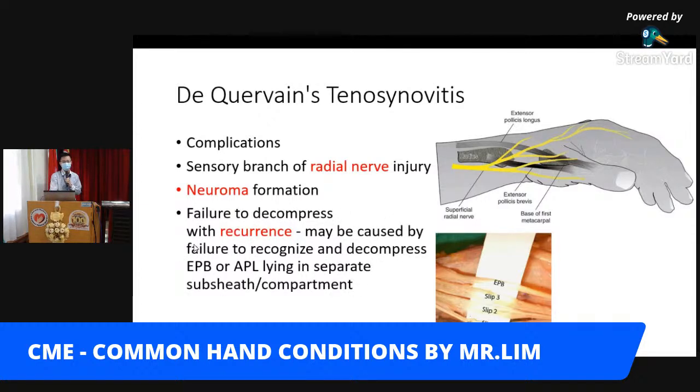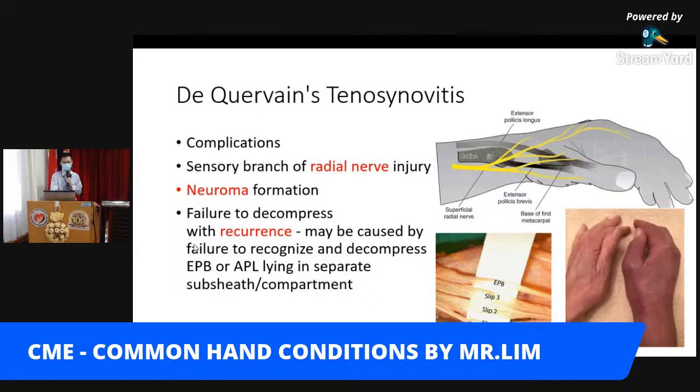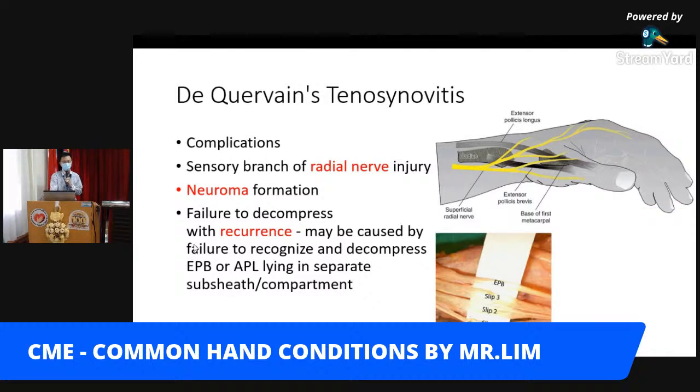And the most common complication for de Quervain tenosynovitis is recurrence, failure of decompression. As you can see in this picture, APL can have different slips. They can have 2 slips, 3 slips, 4 slips.